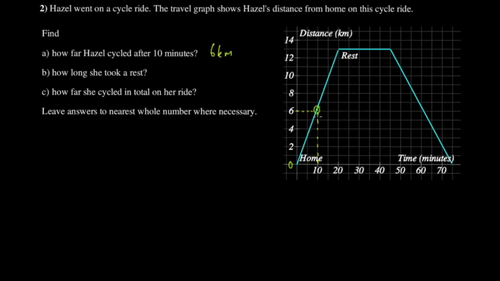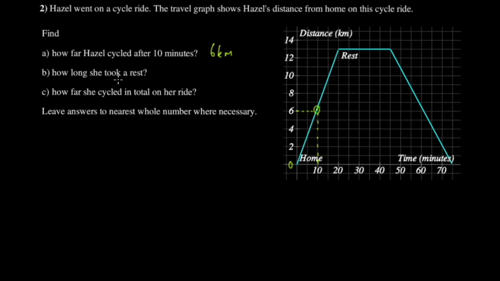Okay, so we identify where the 10 minutes is, it's there, and then we extend the 10-minute line until it meets the curve, and then we can read off the curve the distance. Okay, the distance, remember, that's the vertical axis.